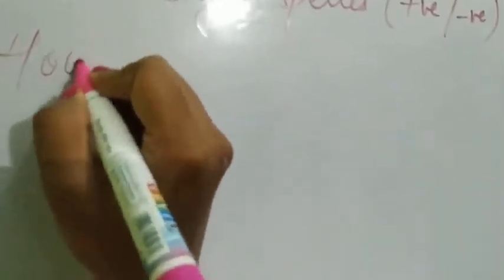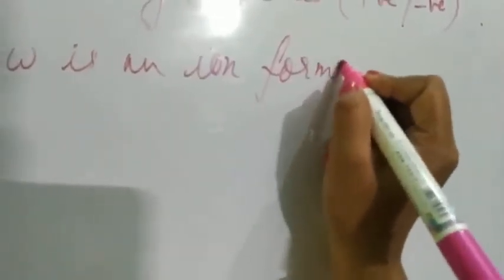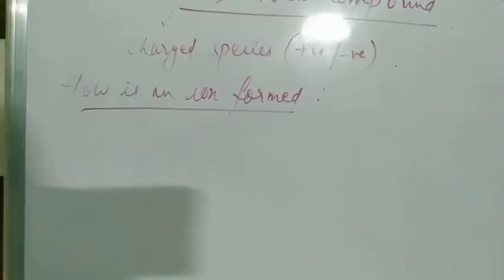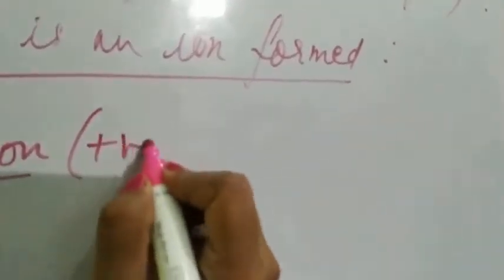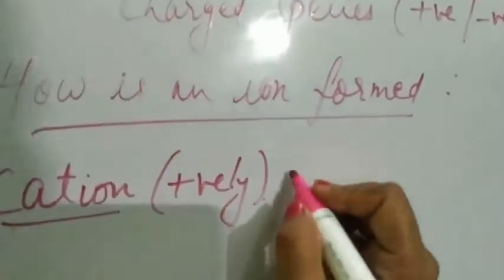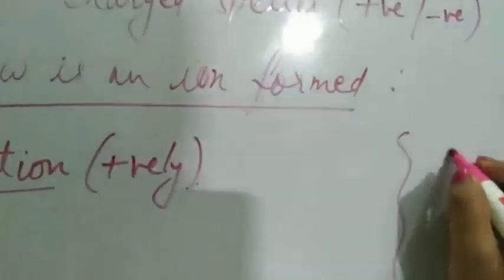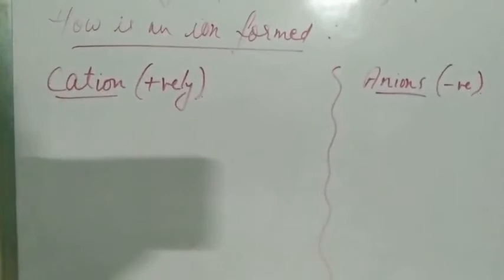How is an ion formed? As I said, ions are the charged species and they are formed by the loss or the gain of electron. So basically there are two types. One is cation, that is positively charged species, and secondly we have anion, that is negatively charged species. So how is the cation formed?